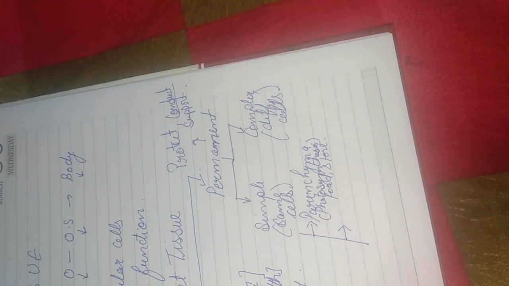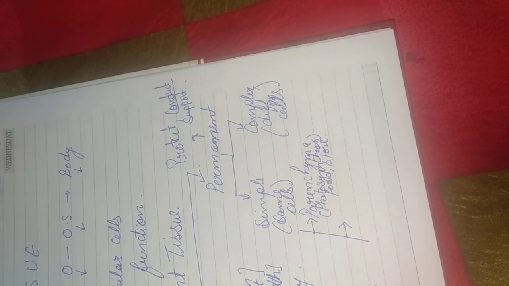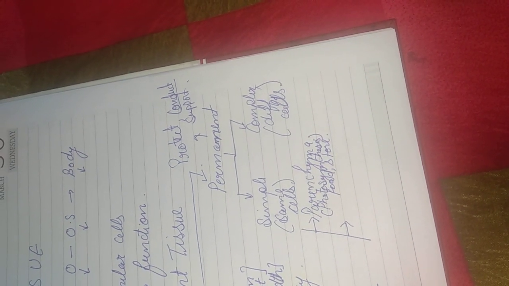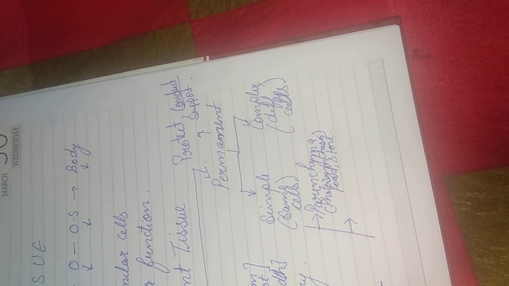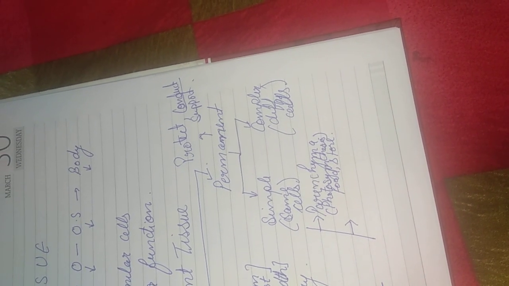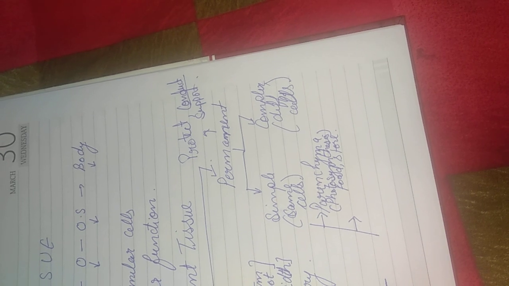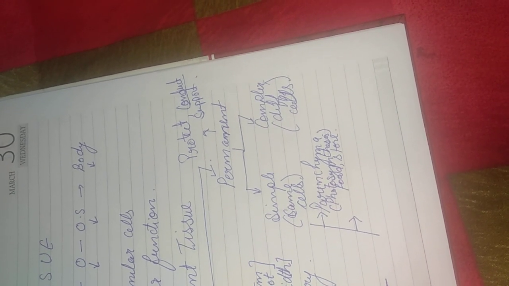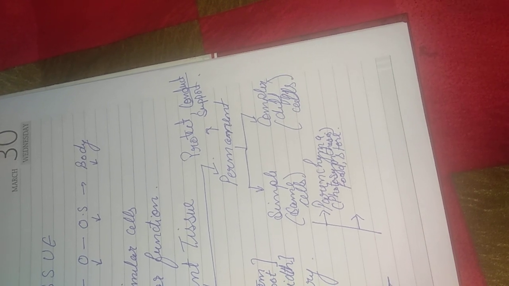Is it clear? So parenchyma is present in nearly all parts of the plant, especially in your leaves, the green stems, or the flowers. It performs photosynthesis, stores food, and gives a temporary support to the plant, a very temporary support.